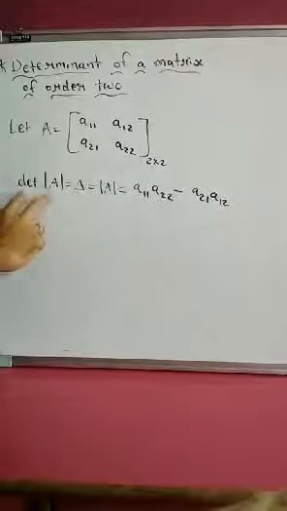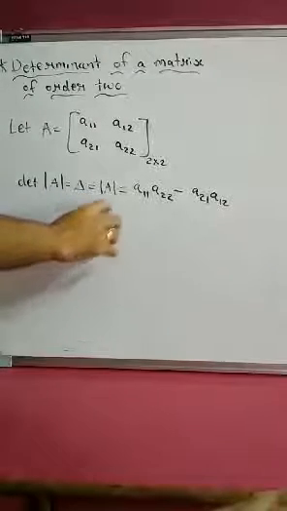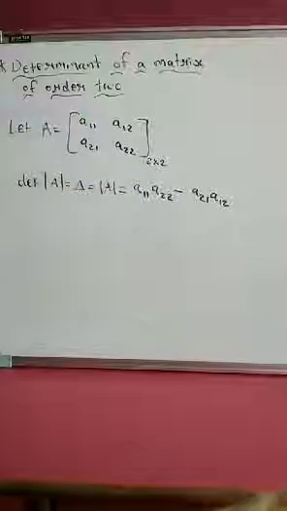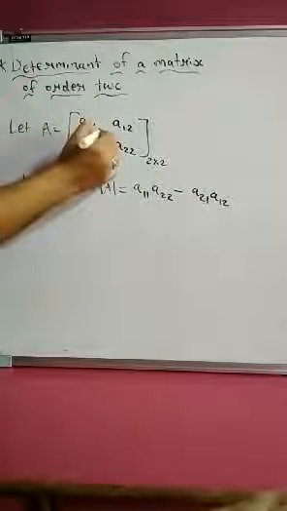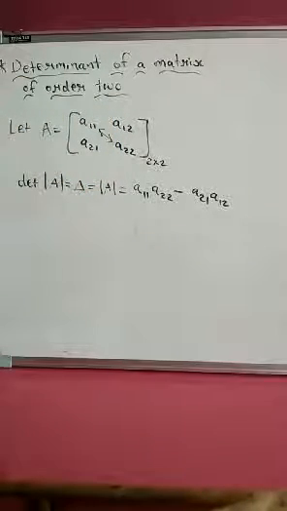Determinant A is equal to delta is equal to determinant A, and you have to cross multiply: multiply a11 with a22, you will get one answer.